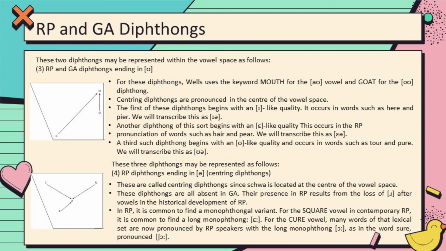In RP, it's common to find a monophthongal variant. For the SQUARE vowel in contemporary RP, it's common to find a long monophthong. For the CURE vowel, many words of the lexical set are now pronounced by RP speakers with the long monophthong, as in the word sure pronounced ɔː.